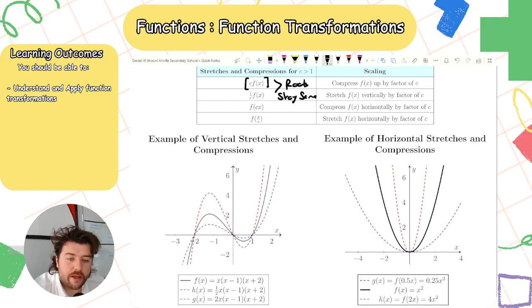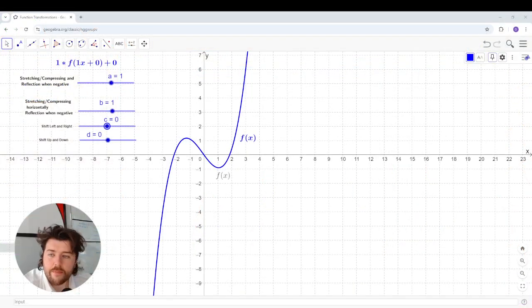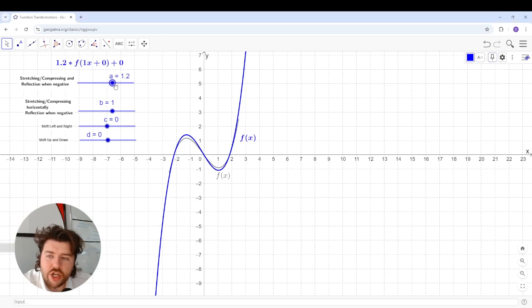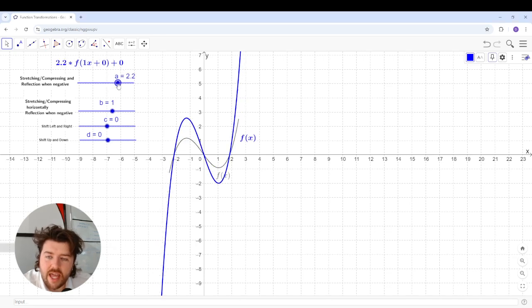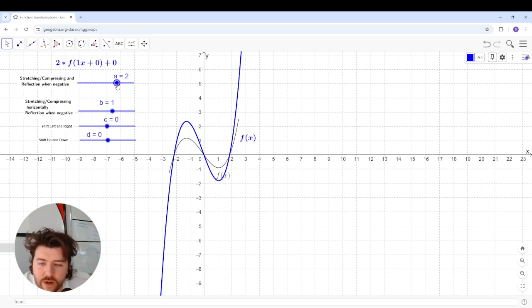So let's have a look back here at GeoGebra. We're back at my cubic. I need to change the number in front, so I'm changing this a value here. If I make it a 2, it stretches out my function.